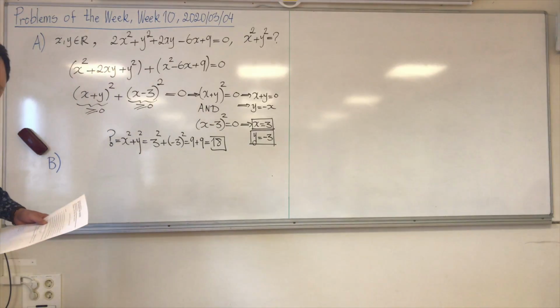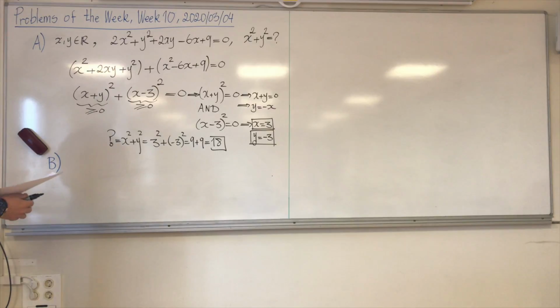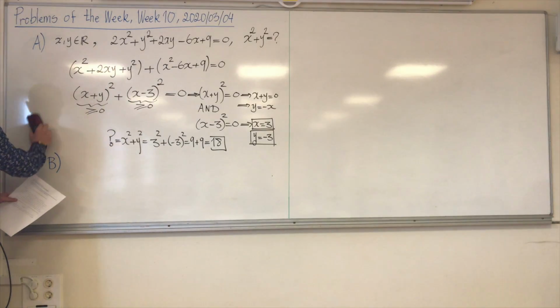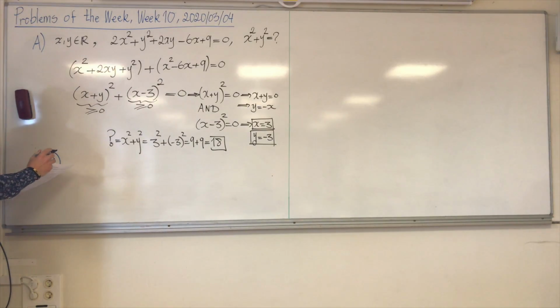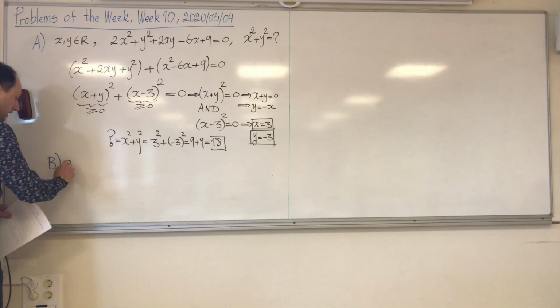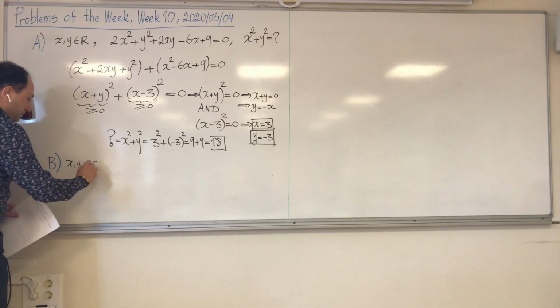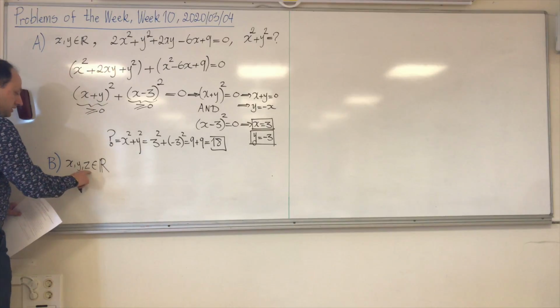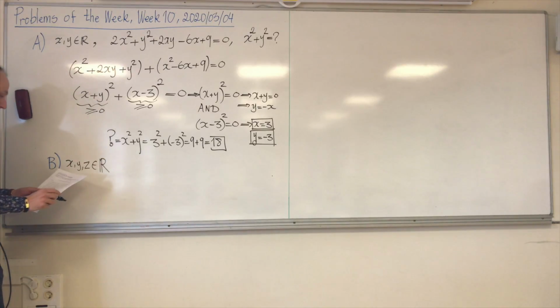As I told you, you can have access to the PDF file of the question file through the link below this video. So x and y and z are again real numbers. So x, y, and z belong to the set of real numbers.